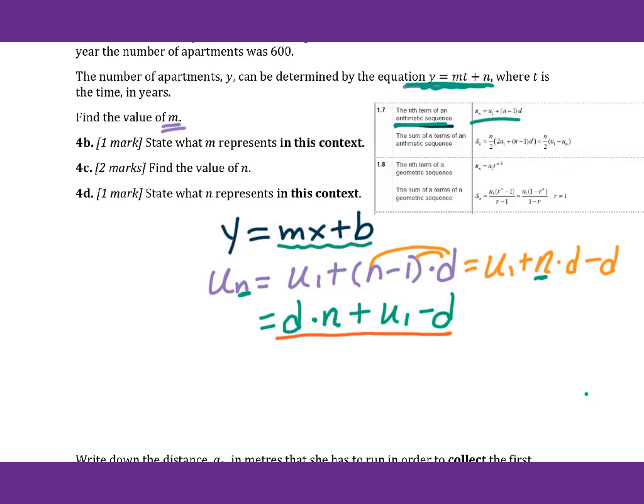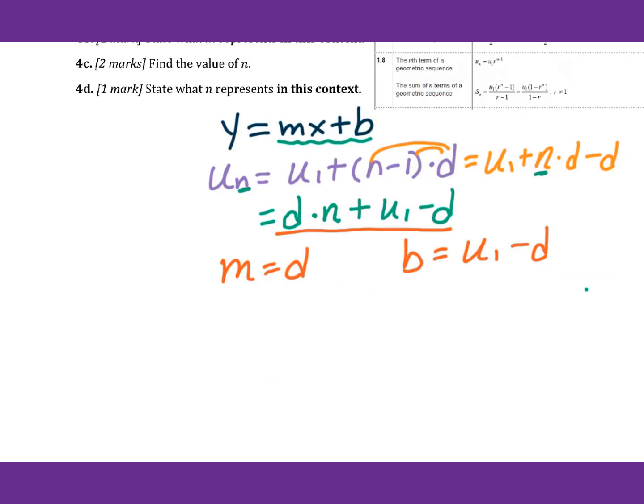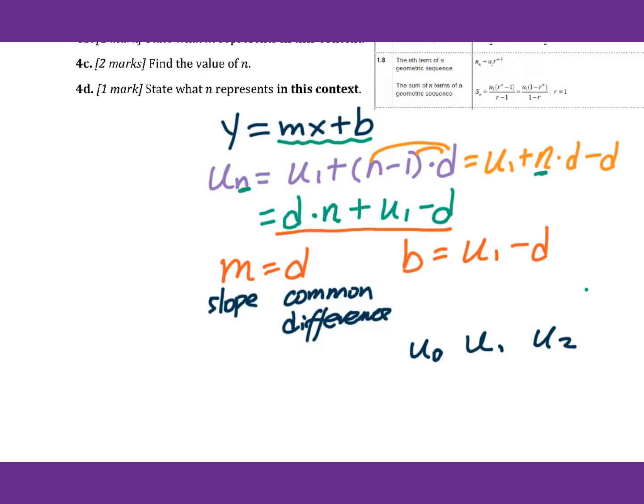Therefore, compare these two forms. You could say m equals d, and b equals u sub 1 minus d. For m equals d, we know slope equals the common difference. For b, u sub 1 minus d: we know u sub 1, here's u sub 2. Before u sub 1, we can write down u sub 0.